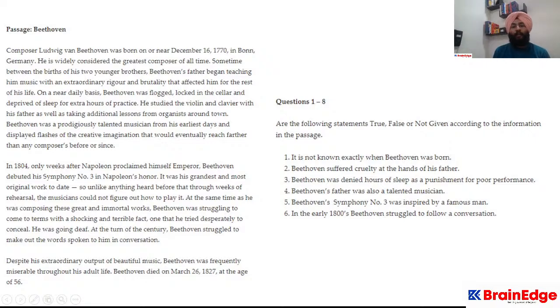It was his grandest and most original work to date, so unlike anything heard before that through the weeks of rehearsal, the musicians could not figure out how to play it. They are saying that his symphony was inspired by a famous man. No, his symphony was not inspired by, but it was dedicated to a famous man.